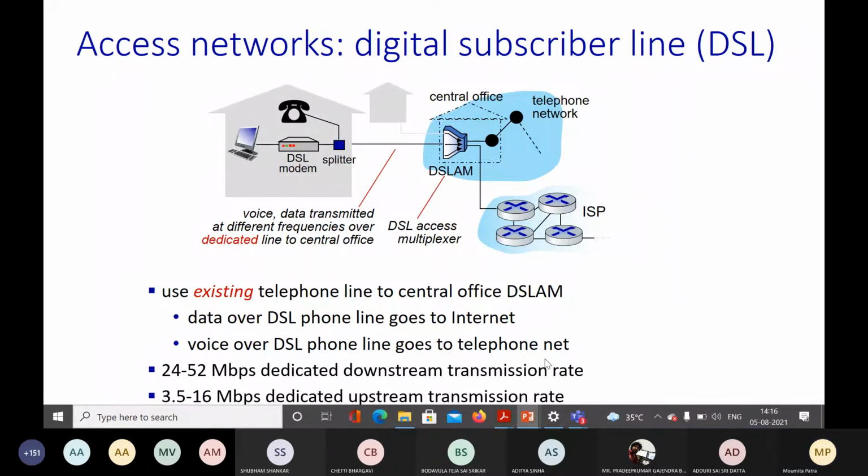The transmission rate, as we discussed in the last class, in the downstream is basically 24 to 52 Mbps, and the upstream transmission rate we can get is up to 3.5 to 16 Mbps.